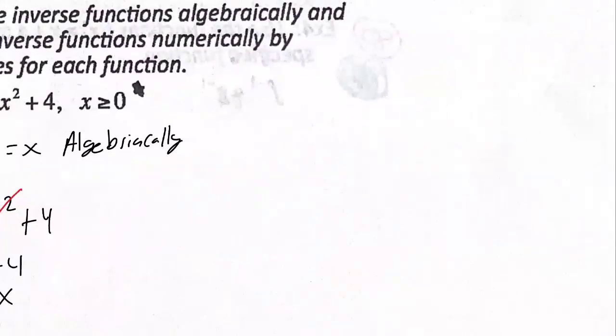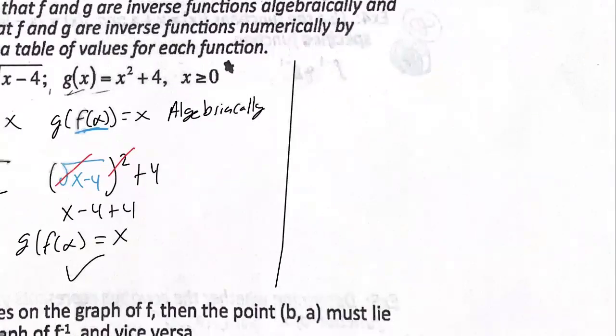So let's say we're going to graph it, right? This is where you're going to do it numerically with a table. So we're going to do f of x is equal to the square root of x minus 4.